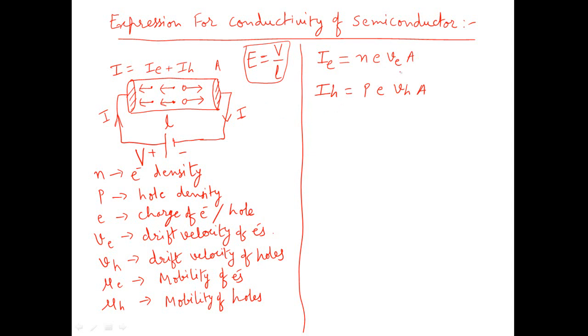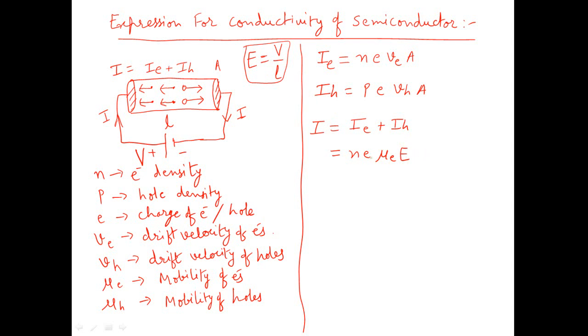Now here in this equation, if we substitute the value of vE, where vE is the drift velocity acquired by the electrons, then we can write for the total current I, which is basically the sum of two currents, that is IE plus IH. So I again write this equation as n e, and now I put the value of vE, where vE is the drift velocity which is equal to mu E into E, where mu E is the mobility of electrons and E is the electric field intensity which exists across the specimen of semiconductor.